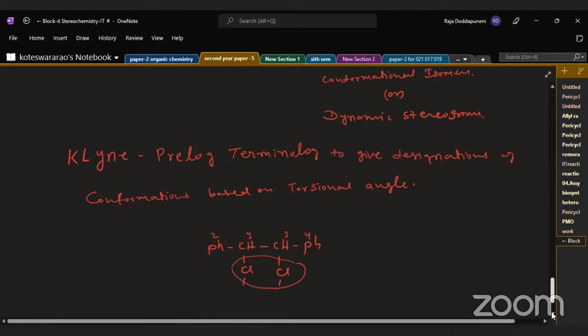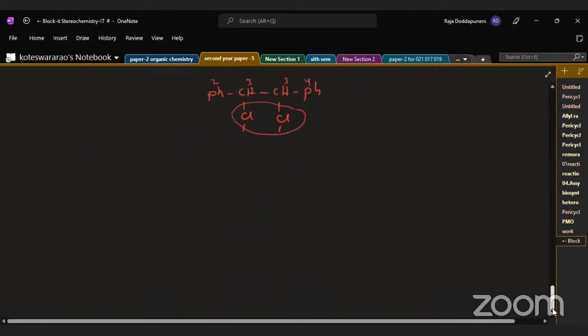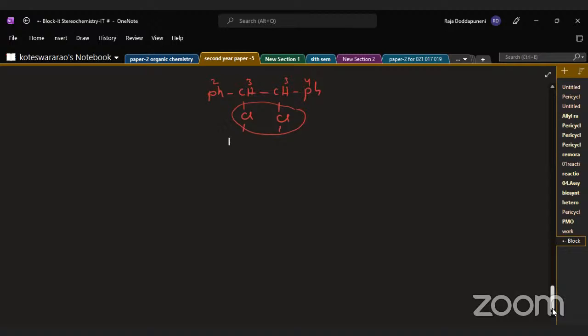Next, the second rule. If two substituents in a set are identical, that is, the two substituents on the two carbons are identical groups or atoms, the non-identical group is selected irrespective of the sequence rule.